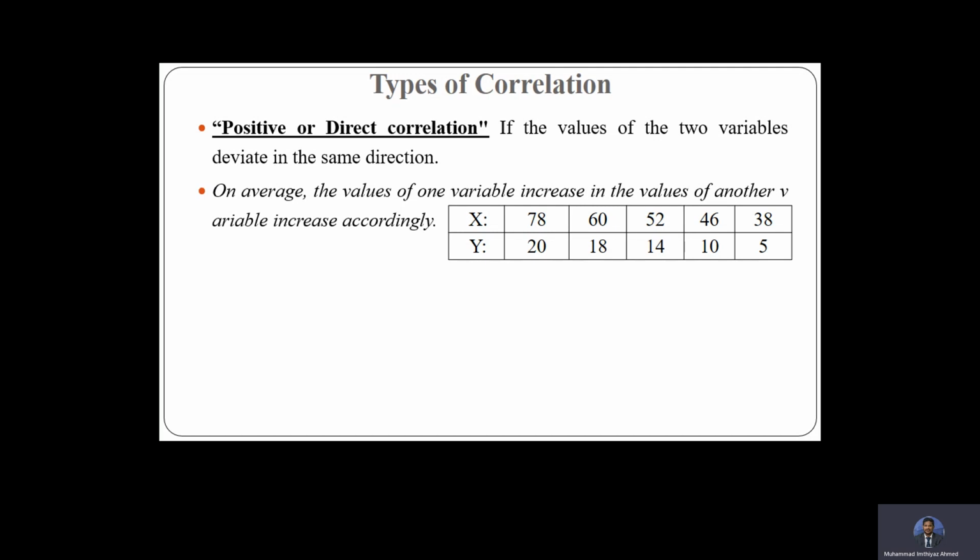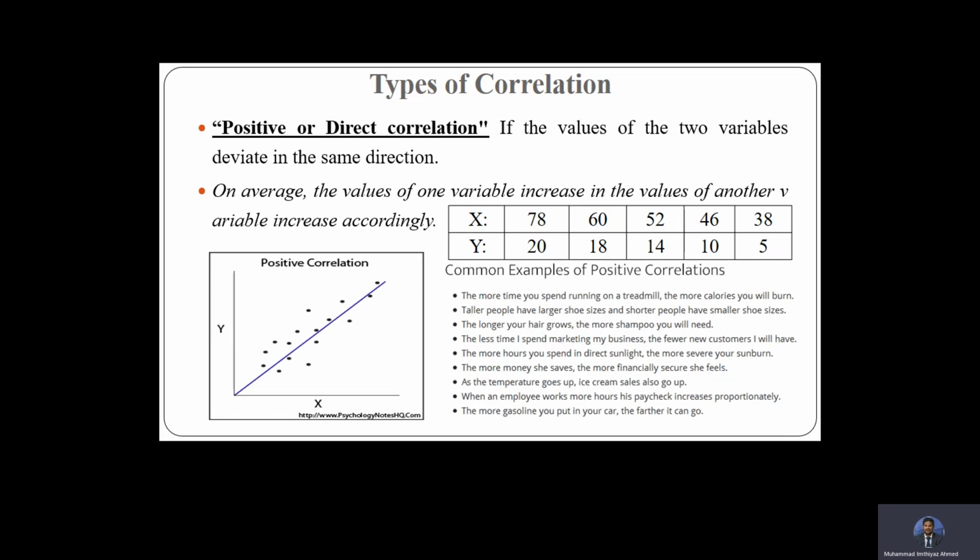You see 38, 46, 52, 60, 78. See, it keeps on increasing. In the same way you see Y: 5, 10, 14, 18, 20. This is a simple example to understand that an increase of X is also leading to an increase of Y. So this is called positive or direct correlation.